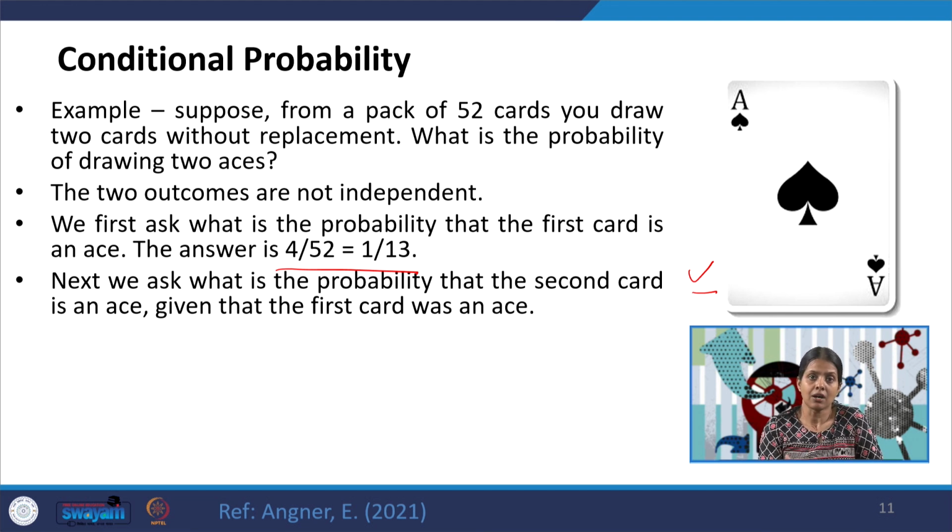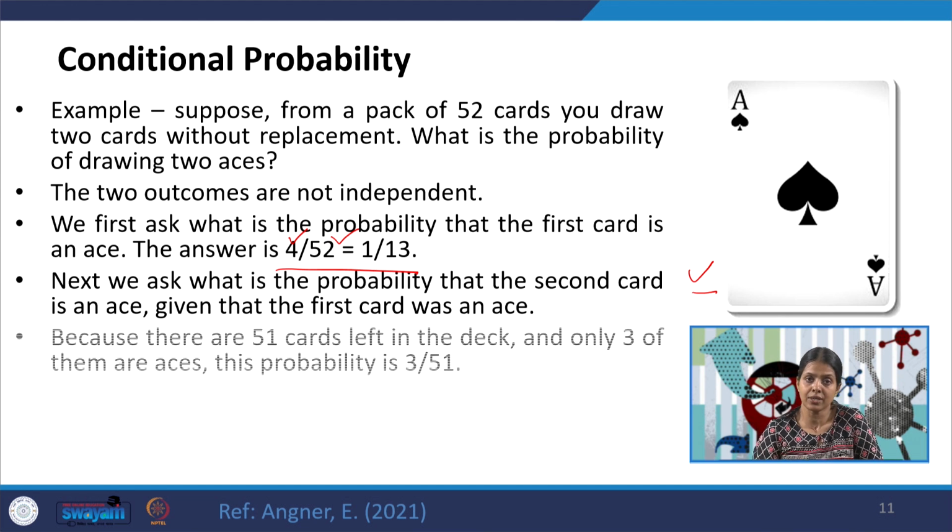If the first card was an ace, then there will be only 51 cards left, because I have already taken out one card, and there will be 3 aces left because one ace has already come. So, because there are 51 cards left in the deck and only 3 of them are aces, the probability is 3 upon 51 for the second card to be an ace, given that the first was an ace. If the first one was not an ace, then it would be 4 upon 51.